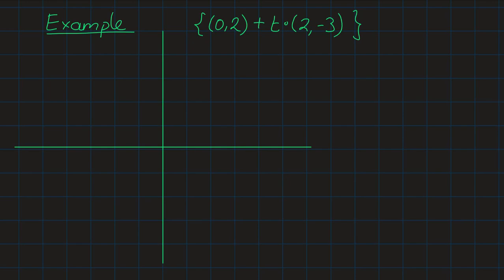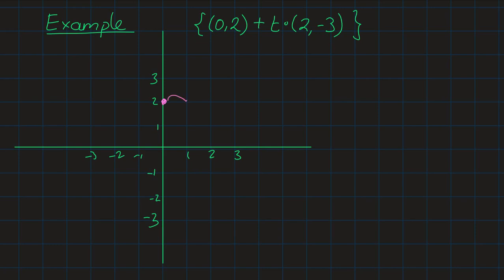Okay, so the first thing I should do is label the axes. Otherwise, I will lose points on the exam. So the first thing I do is I go to (0, 2). That's right there, and I know that this point is on the line. And now I travel in the direction (2, -3).